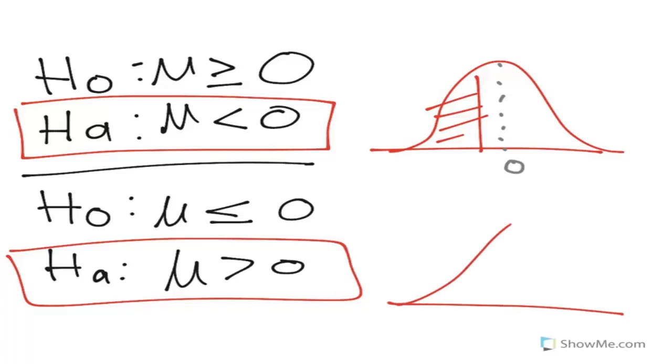With 0 being here, since it points to the right, it's a right tail test, so your rejection region is over here. So when you want to find out where your rejection region is, what kind of test it is, you look at the HA. Regardless of the claim, you still look at the HA.